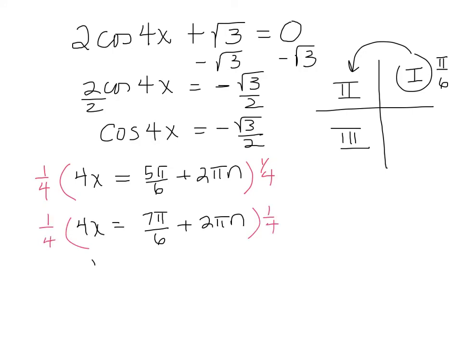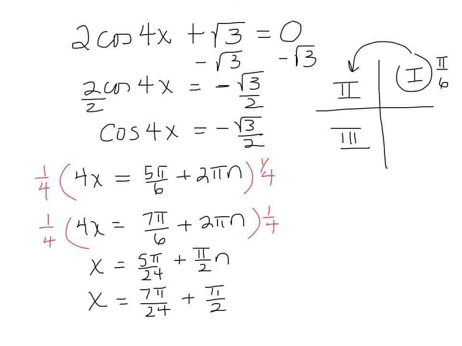And that's going to give me x is equal to 5 pi over 24 plus pi over 2n, and x equals 7 pi over 24 plus pi over 2n, and these are my answers.